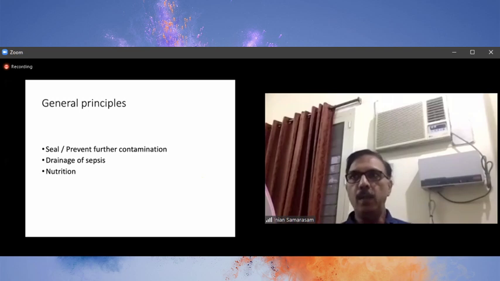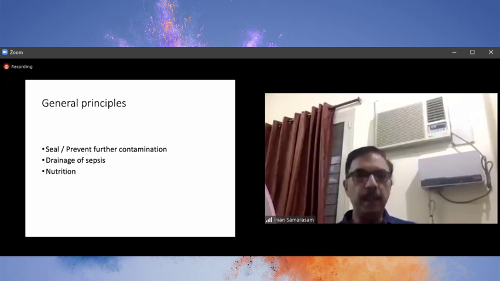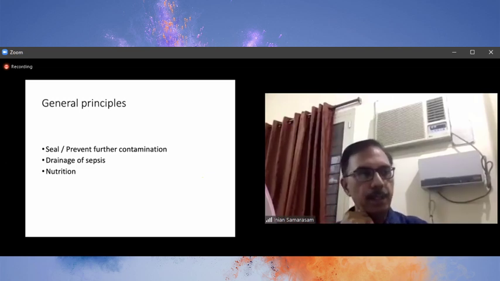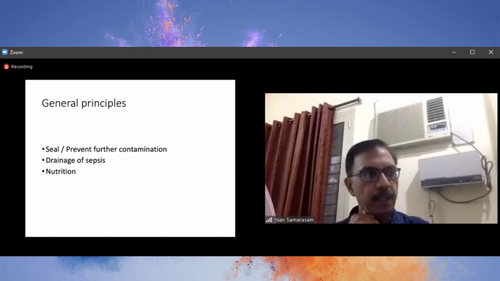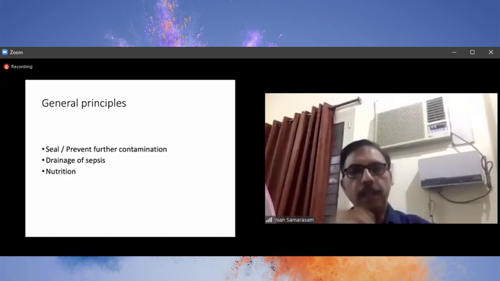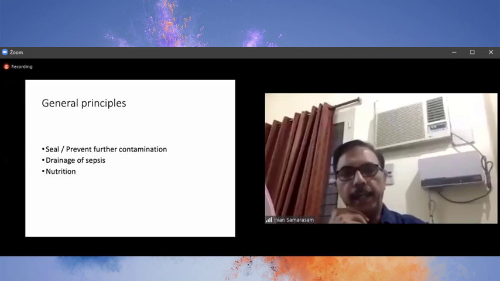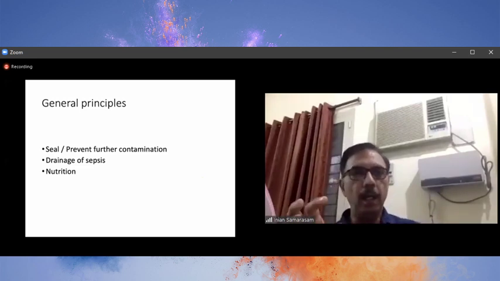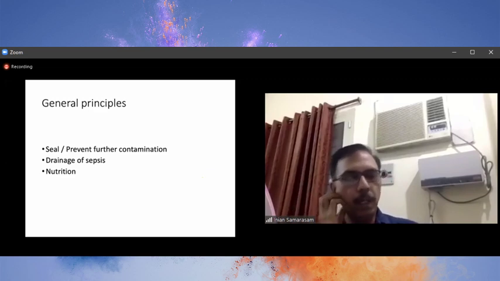You already know that these patients may have had neoadjuvant chemotherapy or chemoradiotherapy, and already they are nutritionally depleted in the preoperative period in some way or the other. And the operation is a major insult for them. An esophagectomy is a major insult, and therefore it is very crucial to take care of the nutrition. So these are the three basic principles that you need to follow.